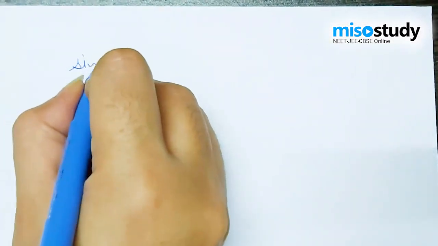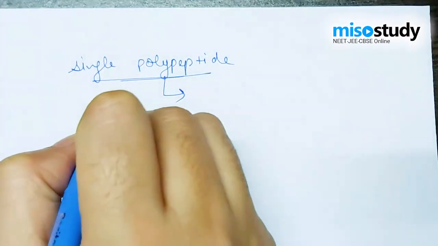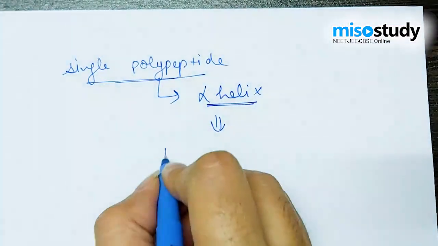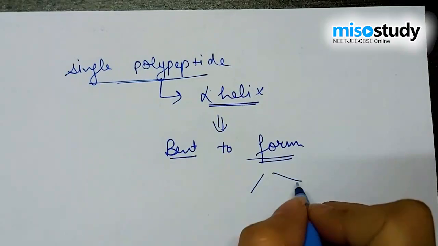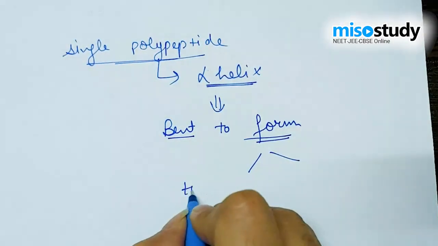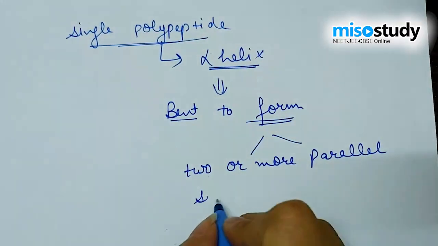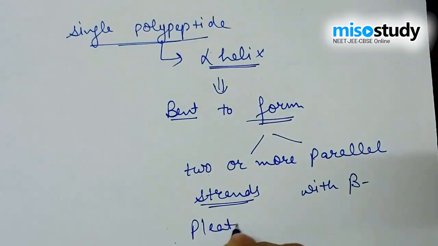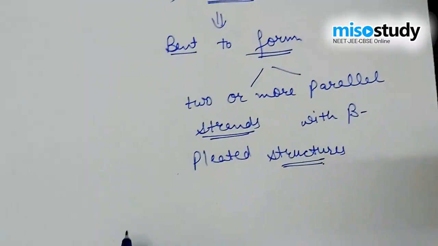In some cases, a single polypeptide may show an alpha helix in some portion, and bend to form two or more parallel strands with beta-pleated structures in other parts.